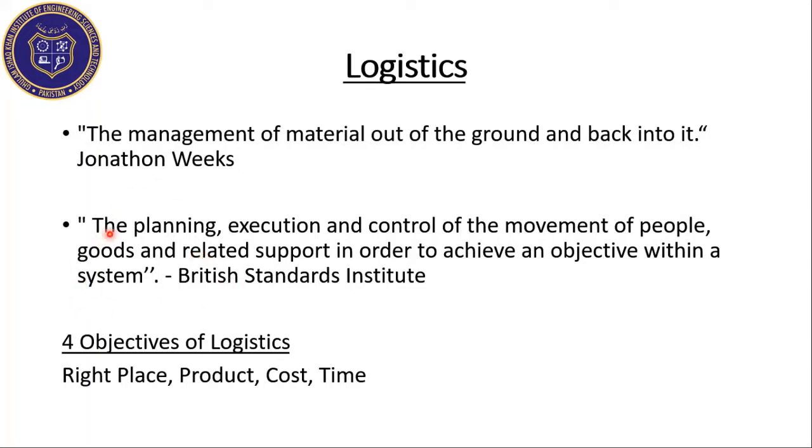Whatever is transported, either people or material, logistics is a part of that. And logistics not only includes your execution or transportation, it also includes the planning. Obviously you need to plan effectively, and obviously the control of movement as well. So these are some of the key factors for your logistics.